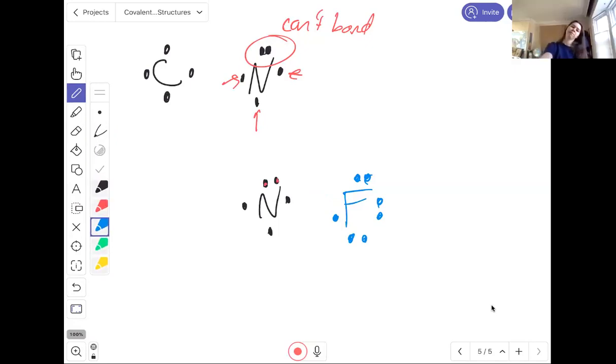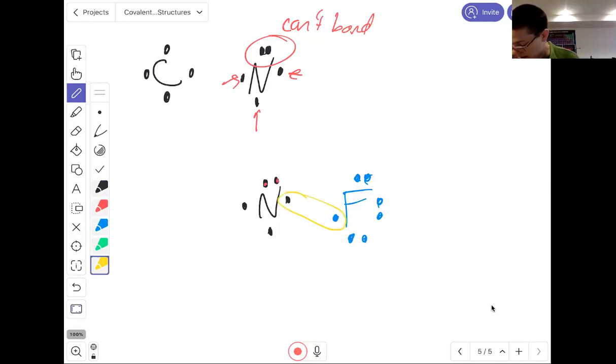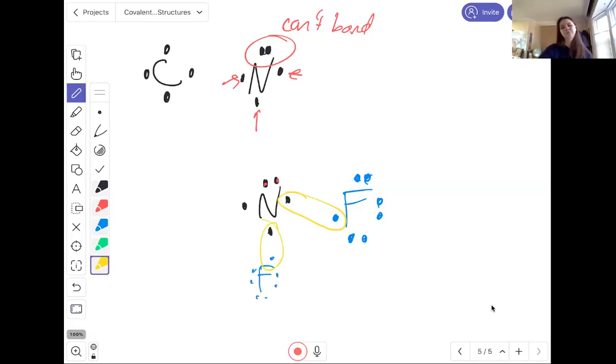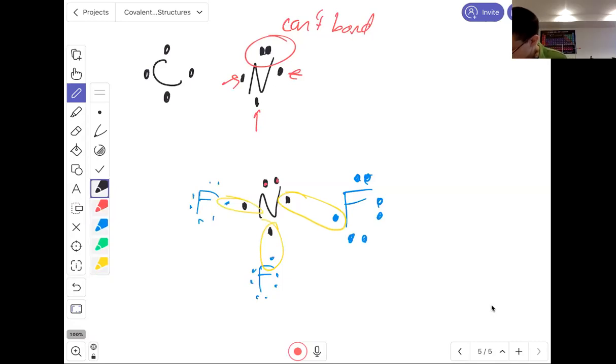So knowing that those two are going to make a bond, this guy would end up looking like nitrogen with 2 dots, fluorine with 1, 2.